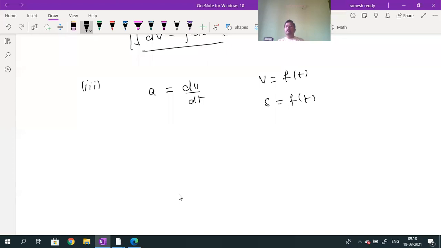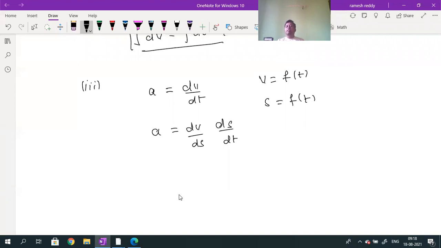Then what can I write? a can also be written as dv by ds into ds by dt. Listen to this carefully: ds cancels, and finally I get dv by dt.